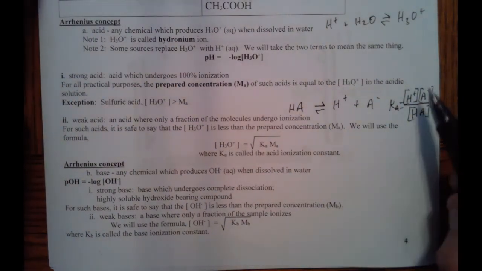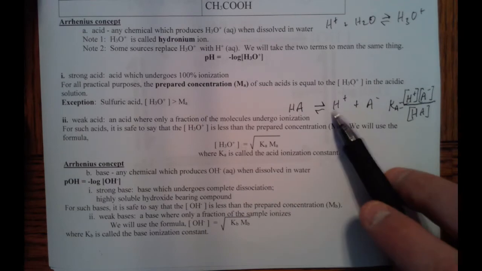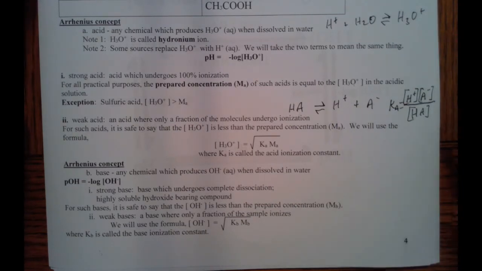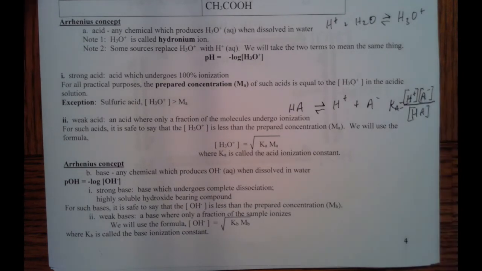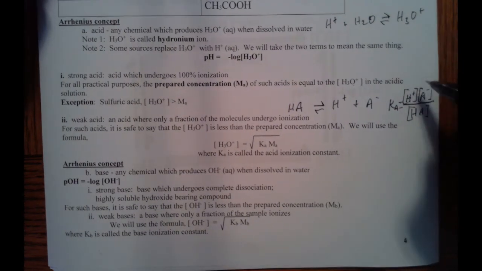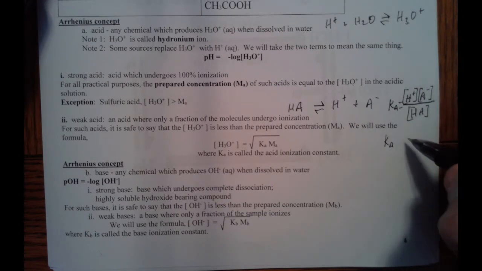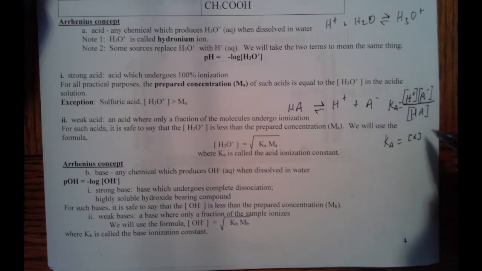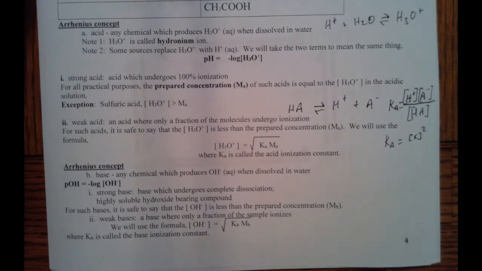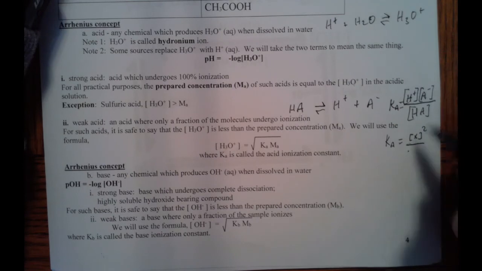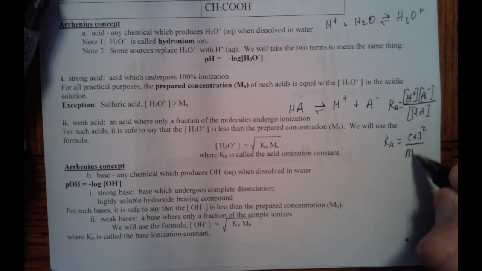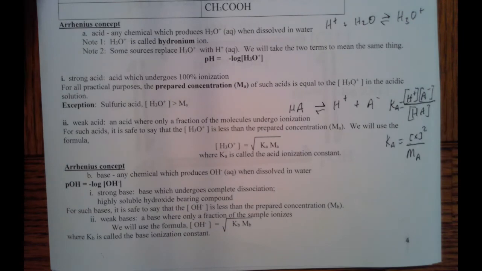Basically the top will be equal as long as there's only one H. If this is x, then this is x squared. I'm just going to put that concentration of x and then square that. This is all over the concentration of the acid, which I'm going to change to be the molarity of the acid.